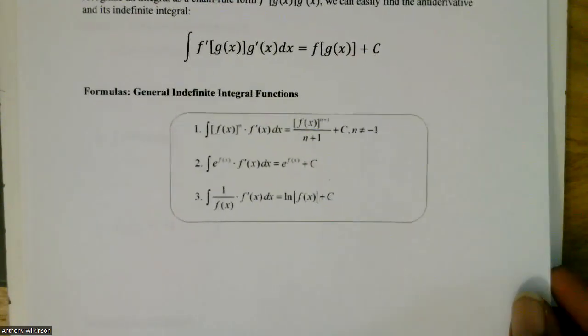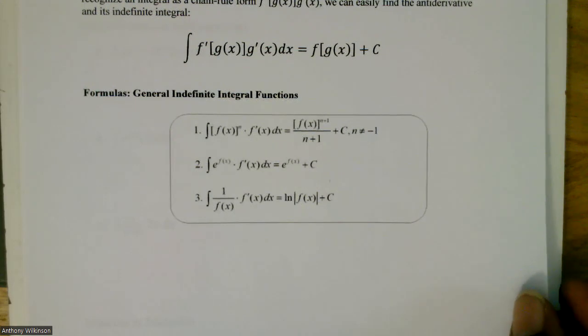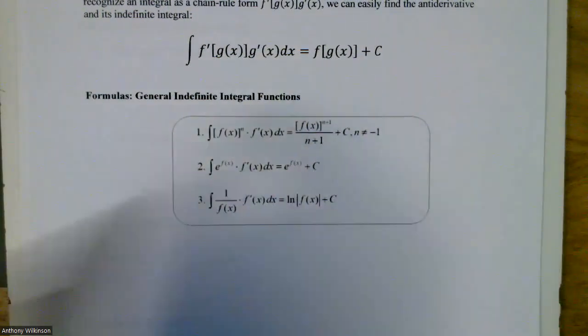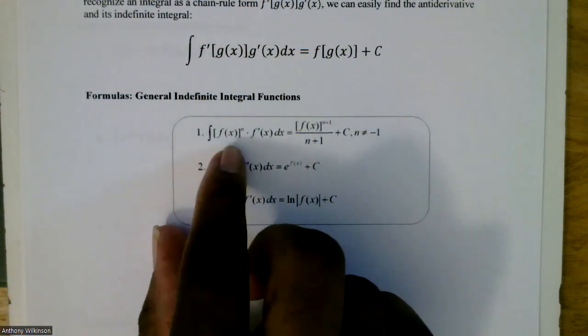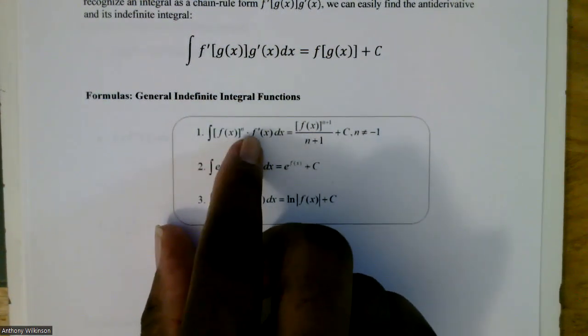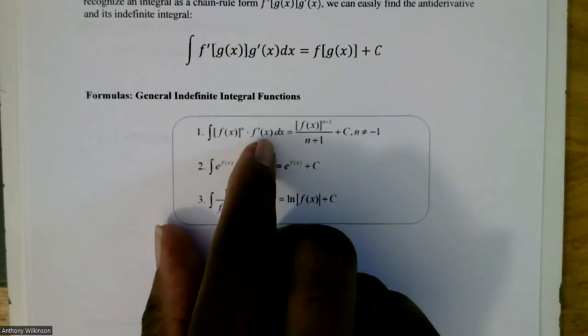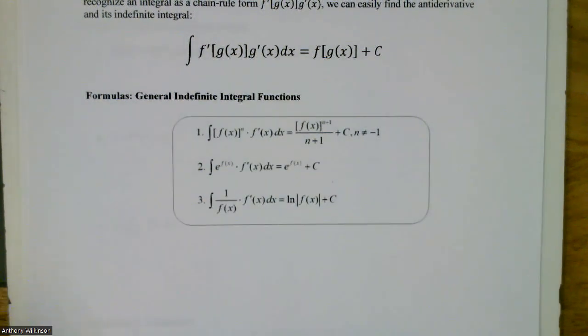All right, now here are some formulas for the general indefinite integral functions. The first one is, of course, the power rule when we're dealing with the reversing of the chain rule. The integral of f of x, that quantity to the nth power, times f prime of x dx would be this.